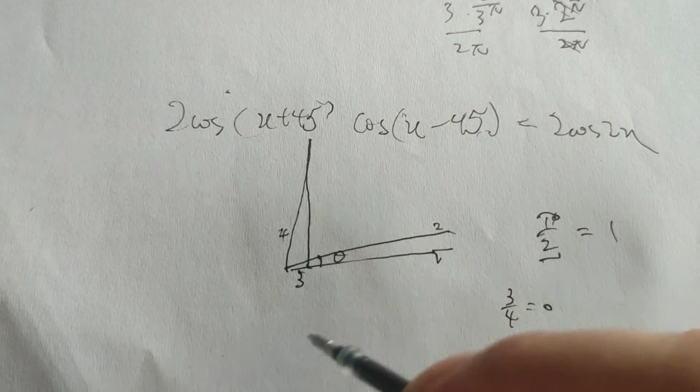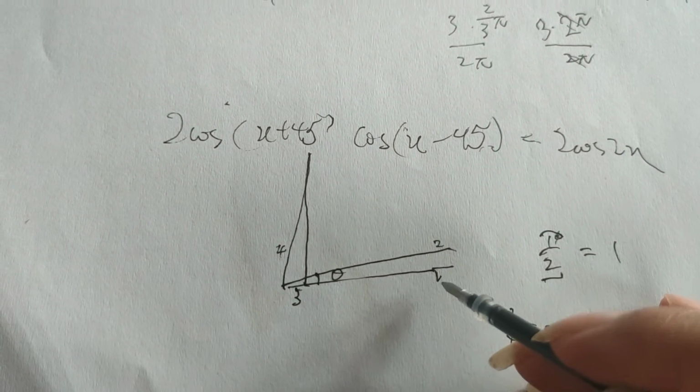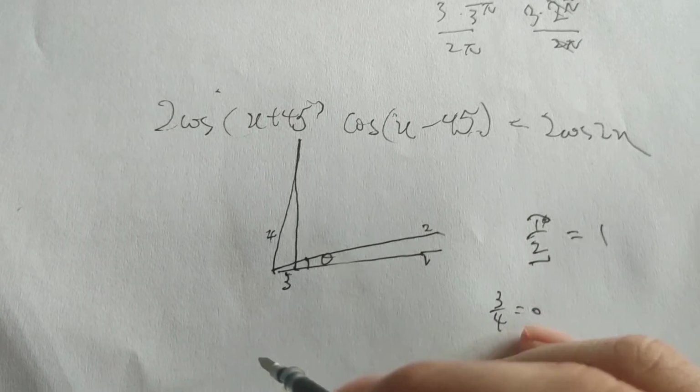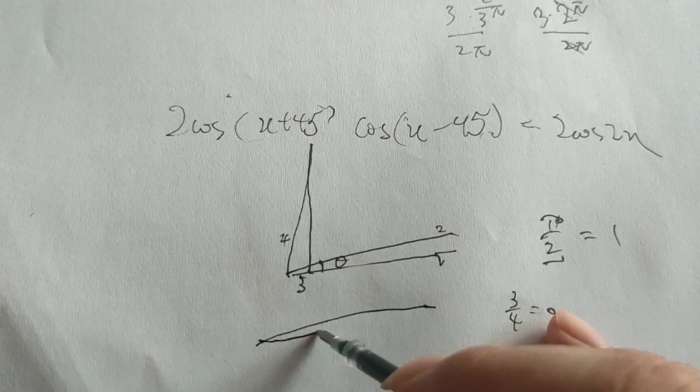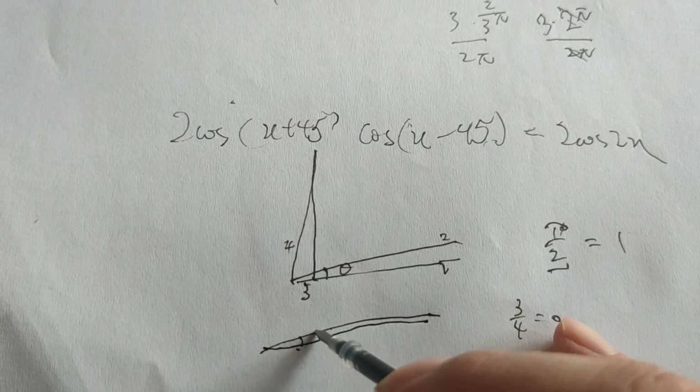So that means when the angle is smaller, this line is very, very long, like just 2 lines together in this angle.